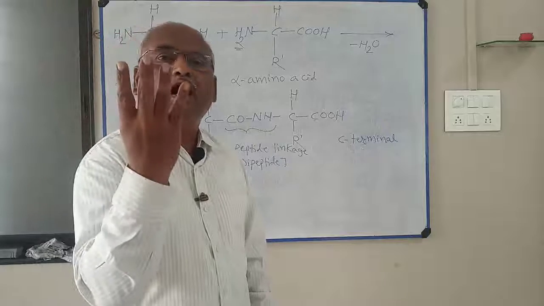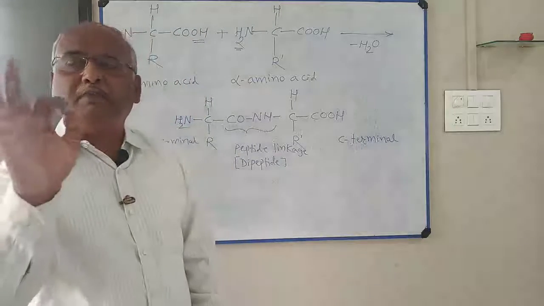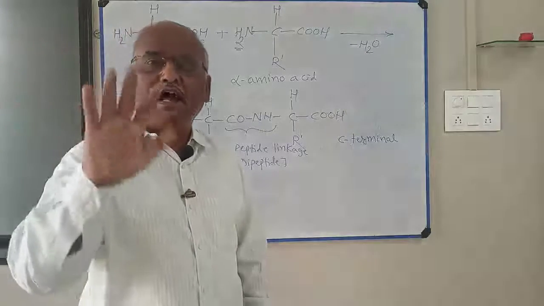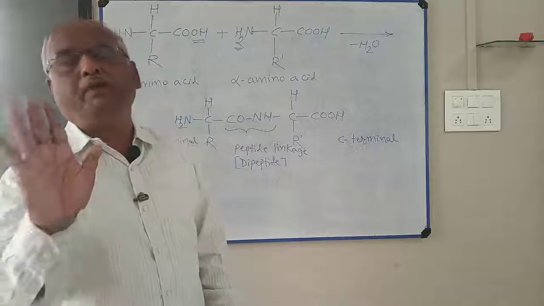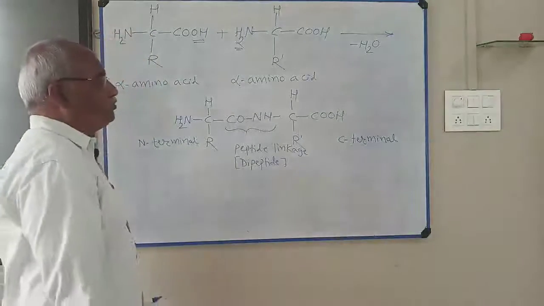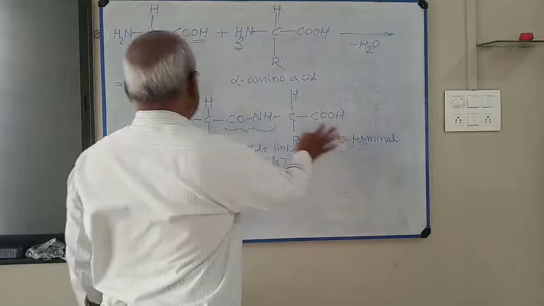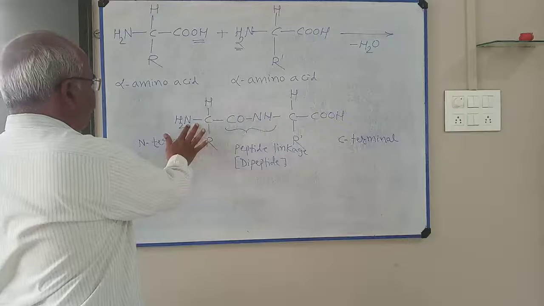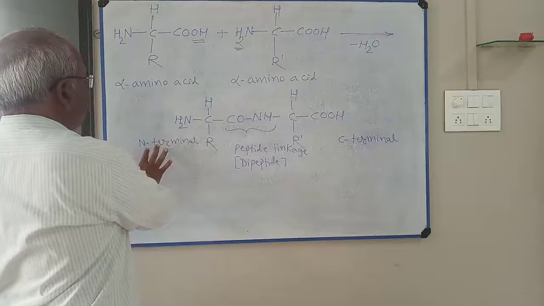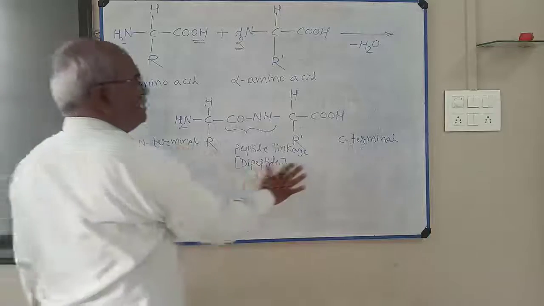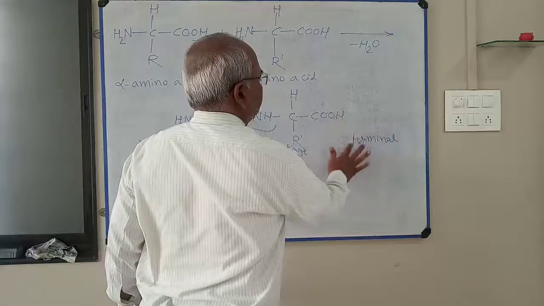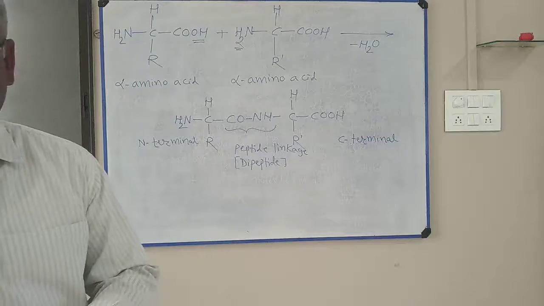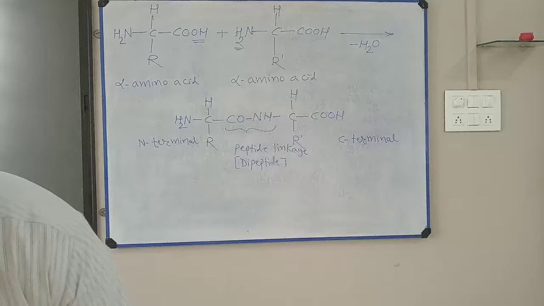Combination of four alpha amino acids forms tetrapeptide. Combination of more than 10 alpha amino acids forms polypeptide. I also told you about C terminal and N terminal. The end where NH2 group is present is called N terminal. The end where COOH group is present is called C terminal. If it is clear, then I explain next point.